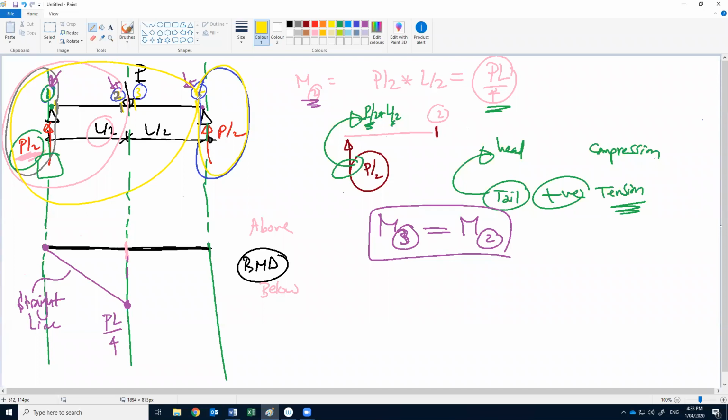So we always need to simplify our calculation. At 4, it's better to calculate from the left. From the left, the moment should be 0. Why? Because this force passes through the cut, so there is no moment from it. So the moment at 4 is 0.